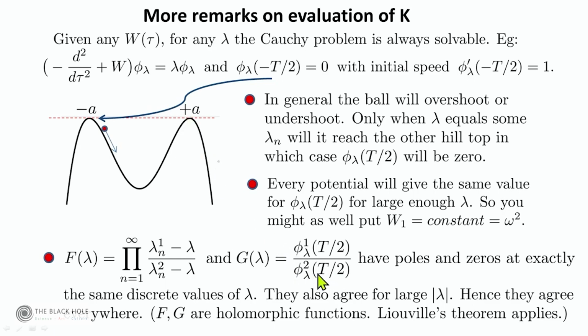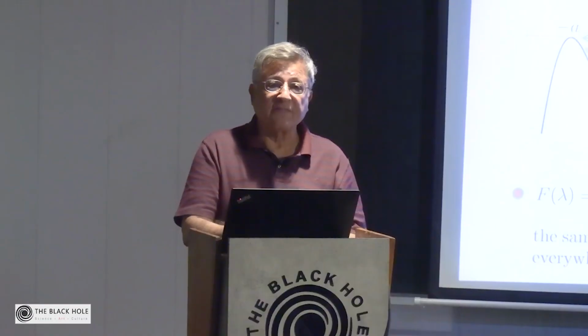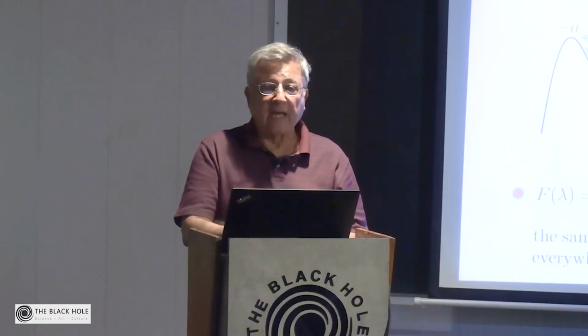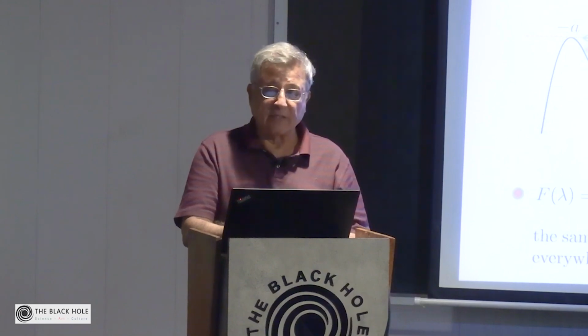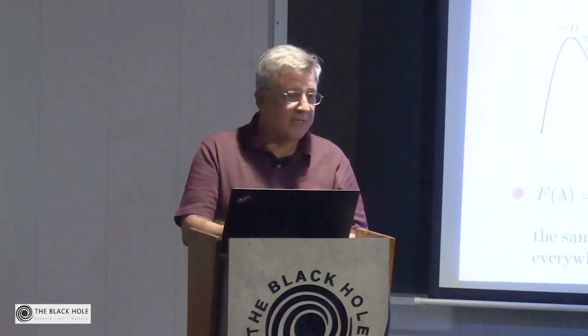And similarly over here. So the poles and the zeros of f of lambda and g of lambda are exactly at the same values of lambda. Now, there's a theorem of complex variables that if you have two functions that have the same poles and the same zeros, then they have the same function.